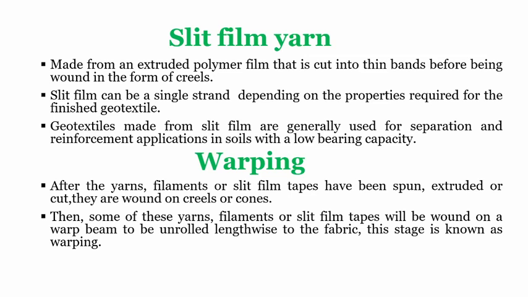Now another process is slit film yarn, made from extruded polymer film that is cut into thin bands before being wound in the form of quills. Slit film can use a single strand depending on the properties of the finished geotextile. Geotextile made from slit film yarn is usually used for separation and reinforcement in soil with a low bearing capacity.